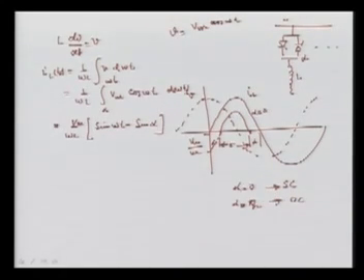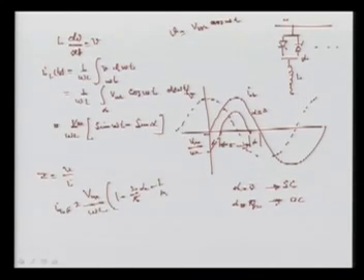So changing the firing angle means changing the impedance, and Z is nothing but V upon I. Since V is constant and I is changing with alpha, ILF will be Vm over omega L times (1 minus 2 alpha over pi minus (1 over pi) sin 2 alpha).